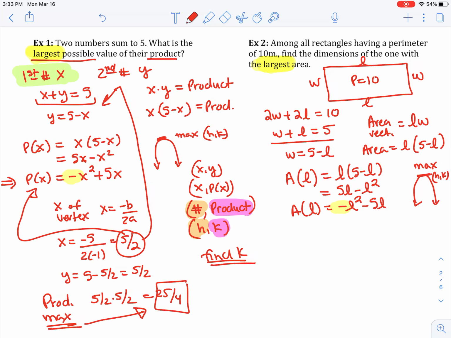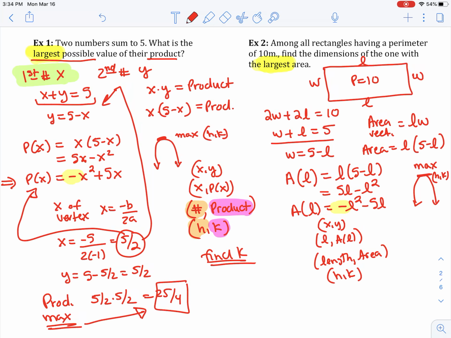So every point on our graph, you plug in an X, you get out a Y. In this case, we plugged in L's, and we're getting out A of L's. Or in words, we plug in a length, we are getting out an area. And HK is just another XY point on our graph. It's just a special XY point on our graph.